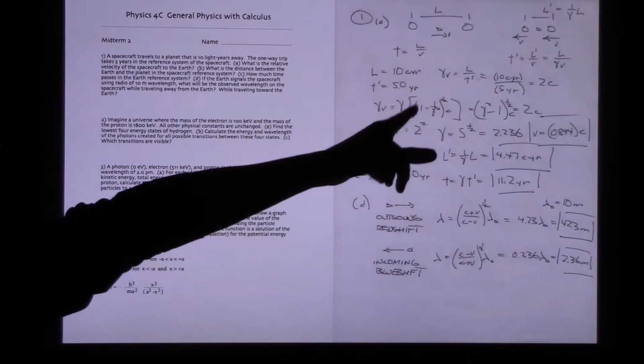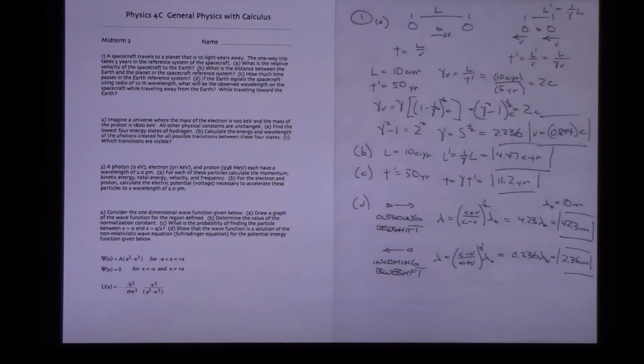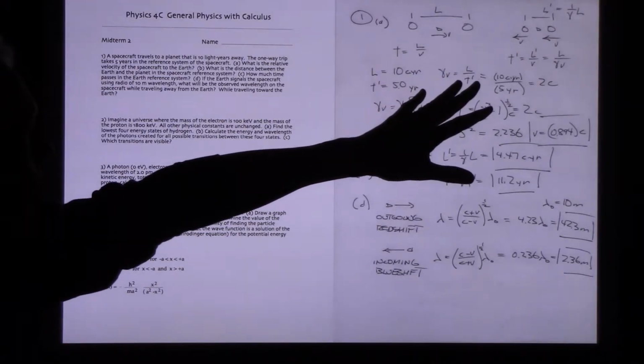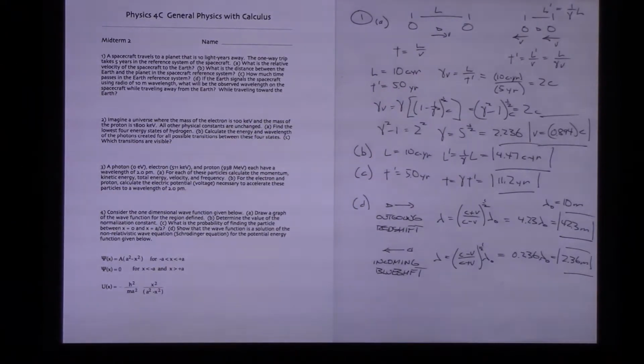So the spacecraft is looking into another reference frame. All of those distances in that other reference frame are going to be shortened by a factor of gamma. So what we can write down is that L prime, the length in this other reference frame, is going to be L divided by the gamma factor.